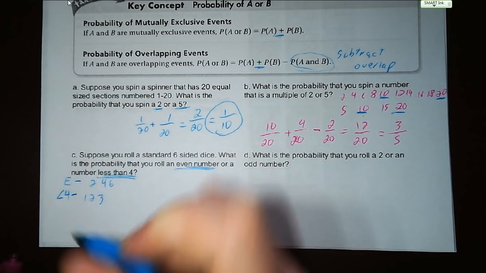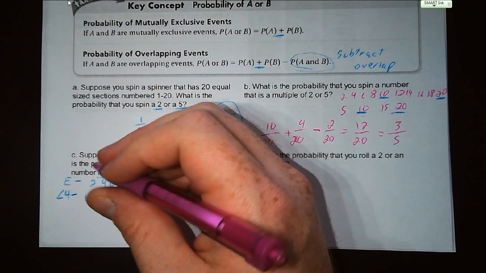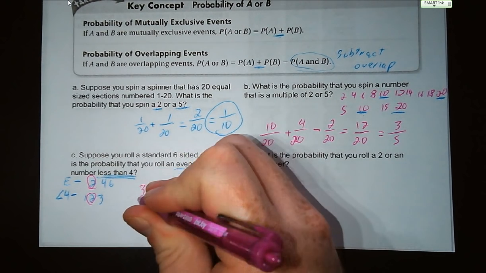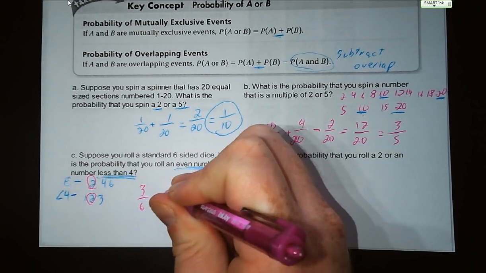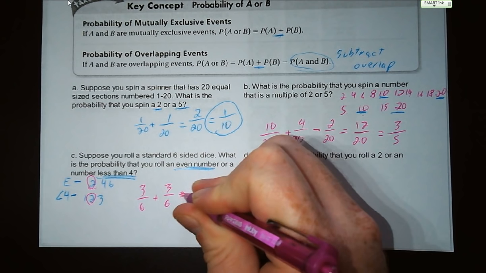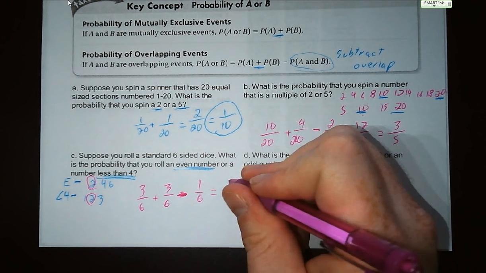Okay. Now we have an overlap here of the 2. So we're going to add the two probabilities, 3 sixths plus 3 sixths minus 1/6, the overlap, is going to be equal to 5/6.